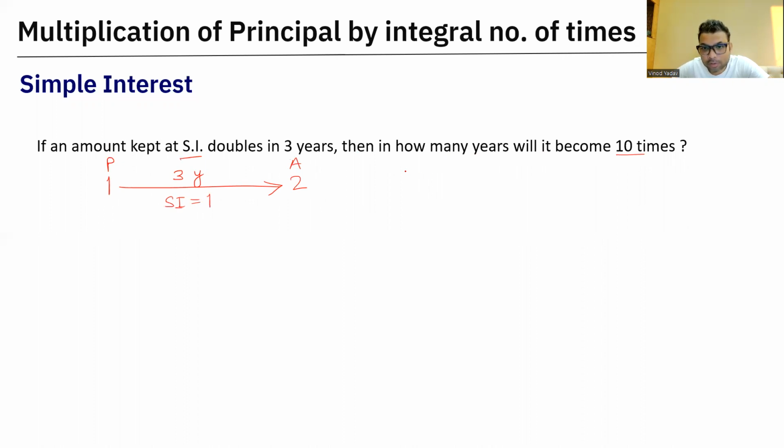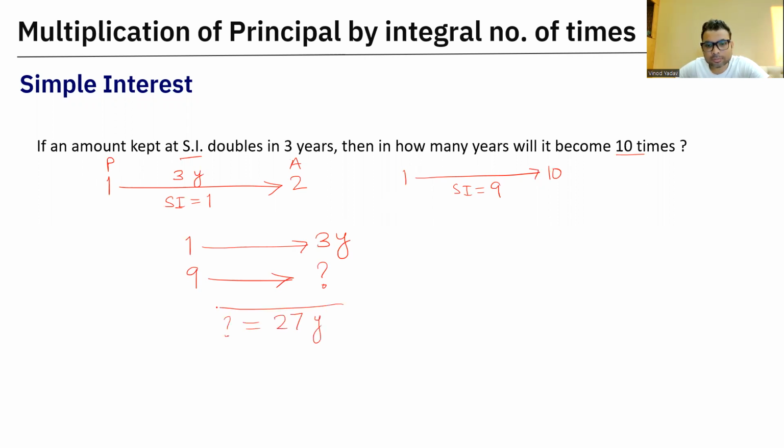Now they want this 1 rupee to become 10 rupees. So what should be the interest earned for this? 10 minus 1, 9 rupees. You know that 1 rupee you earned in 3 years. So by the same logic, 9 rupees you can earn in how many years? Yes, 27 years. Simple logic. This is how we should do it. No formula, nothing.